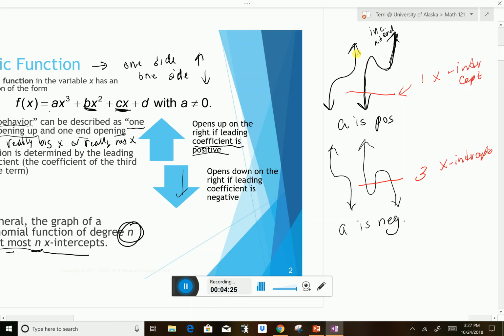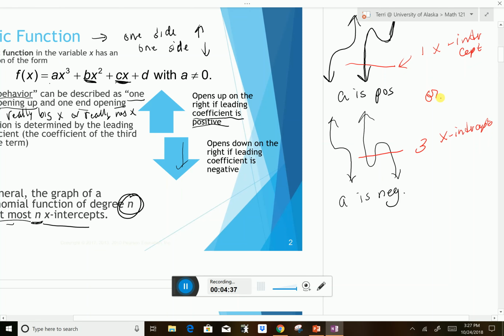But can it be 0? Does this have to go through the x-axis at least once? I want you to think about that. And the answer is yes, it does. So in this case, it's either 1 or 3 most of the time. I've just thought of one that is exactly 2, and I'm going to show you how.